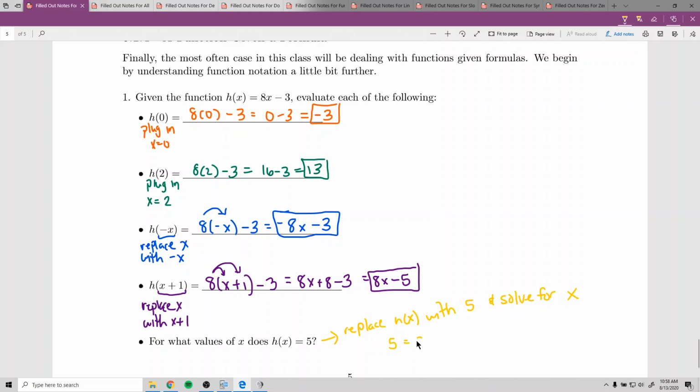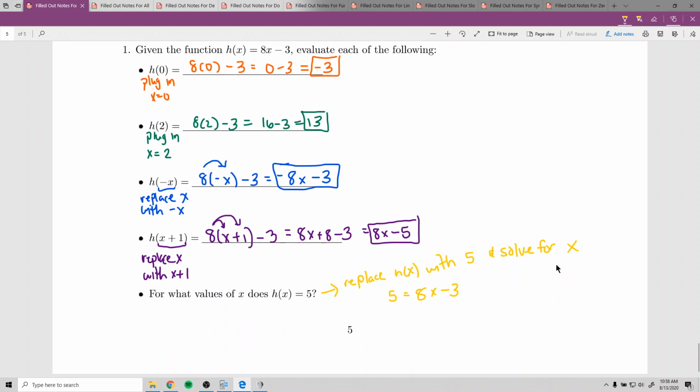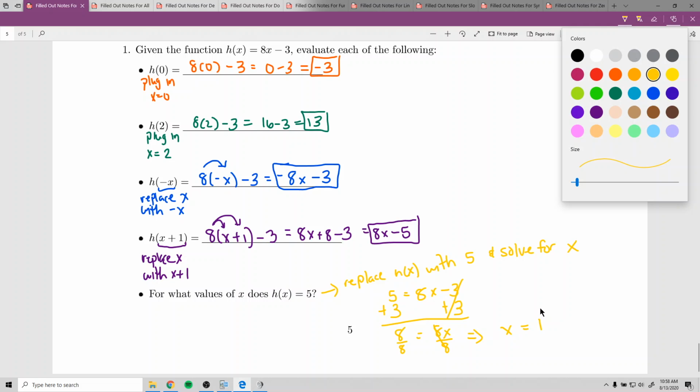I get 5 equals 8x minus 3, and now solve for x. Right, so we add 3 to each side. Got 8x equals 8. And then we divide each side by 8 to get x. 8 over 8 is 1, so x equals 1. And that's our answer for this one.